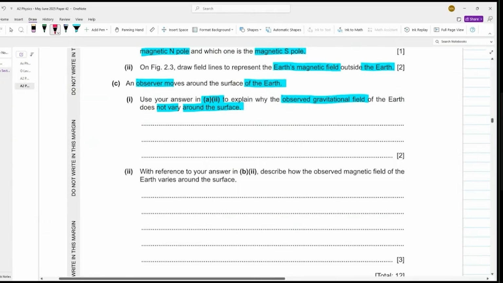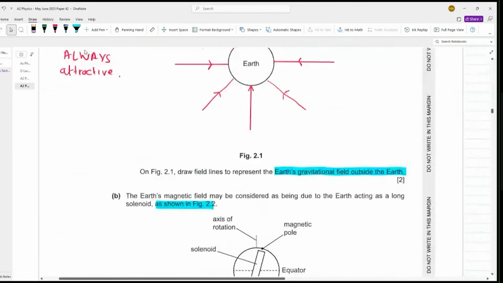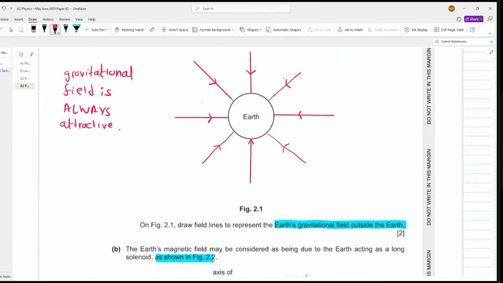We have to tell why the observed gravitational field strength does not vary around the surface. Why is the gravitational field not varying around the Earth's surface? What will you say? First of all, you can say that the field lines are perpendicular to the surface.